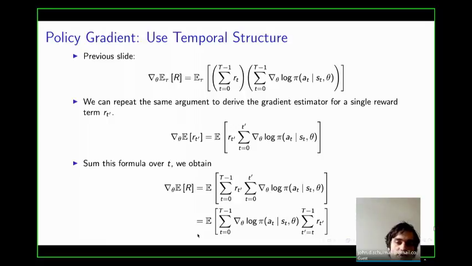So you just do the bookkeeping there, and what we get is the sum of reward sub t prime times the sum of grad log probability of preceding actions, or you can rearrange it to be grad log probability times the sum of the rewards after that action, the sum of following rewards. The interpretation of this formula is if you get a high reward, that means that your preceding actions were good, so you should make them more probable.